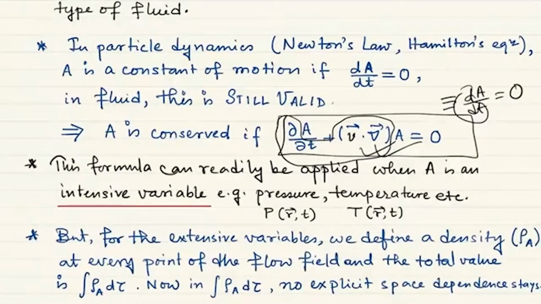When we are talking about a simple particle, there is nothing called intensive or extensive. But when we are talking about a broader system having some volume, then we have, maybe from thermodynamics, two types of variables. One is called an extensive variable, another is called an intensive variable.